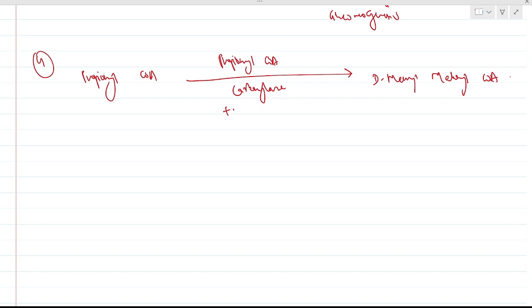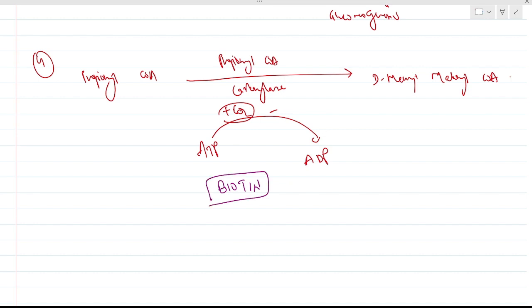The carboxylase adds a carbon dioxide molecule with the consumption of ATP, which is converted to ADP. Remember, this reaction requires biotin. The significance of this will come across in the regulation of gluconeogenesis. This entire process requires biotin. This is a 4-carbon compound, D-methylmalonyl CoA.